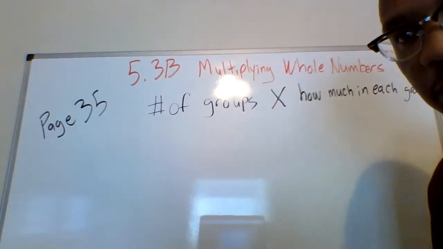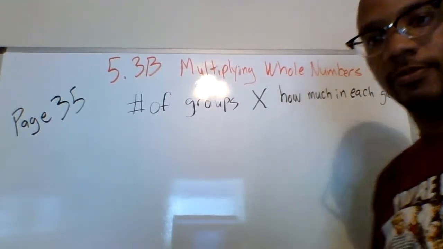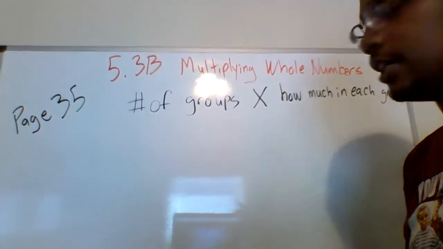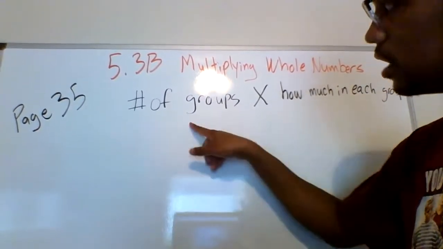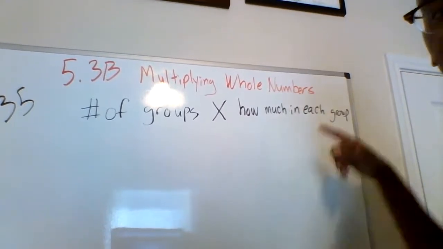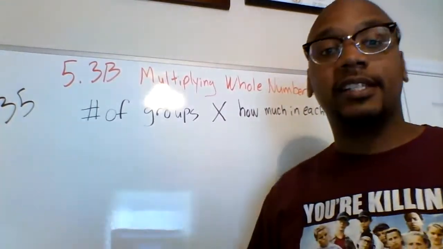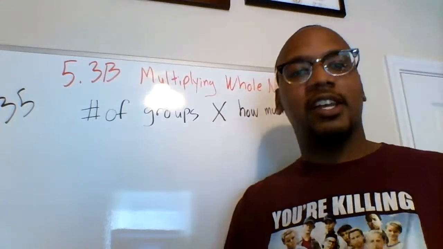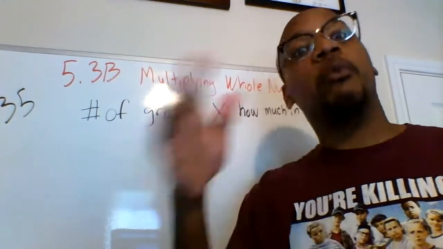This is the basics of multiplication. Hola, Miguelito. You have a number of groups and you're multiplying it times how much of something is in each group. The problem is they don't say this is the groups. They use other words, but you have to know that that means a group of something.